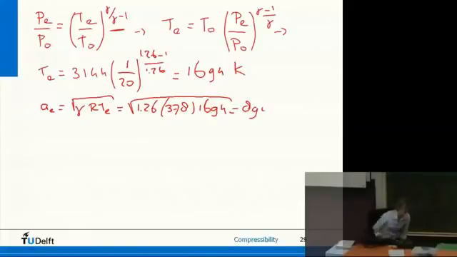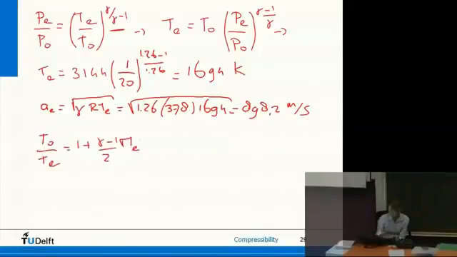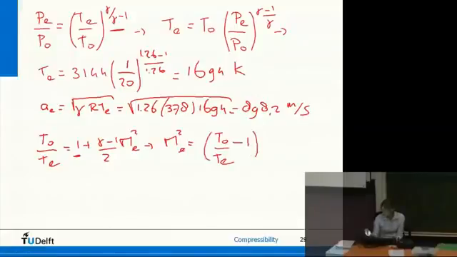Now I'll do it the slightly easier way. So I compute the Mach number from the second form of isentropic flow relations, namely T0 over TE is 1 plus gamma minus 1 over 2 Mach at the exit squared. So Mach at the exit squared is equal to T0 over TE, then I take this 1 to the other side, so minus 1, and I multiply by 2 over gamma minus 1.